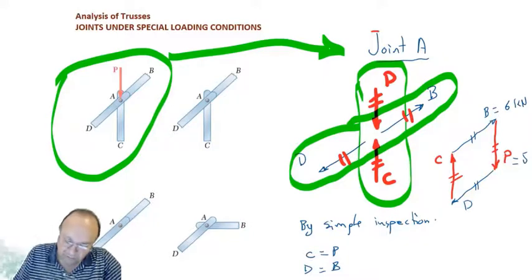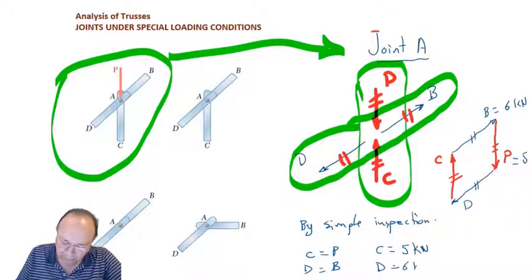Then from here you can conclude that C equals also 5 and D also equals 6 kilonewtons.